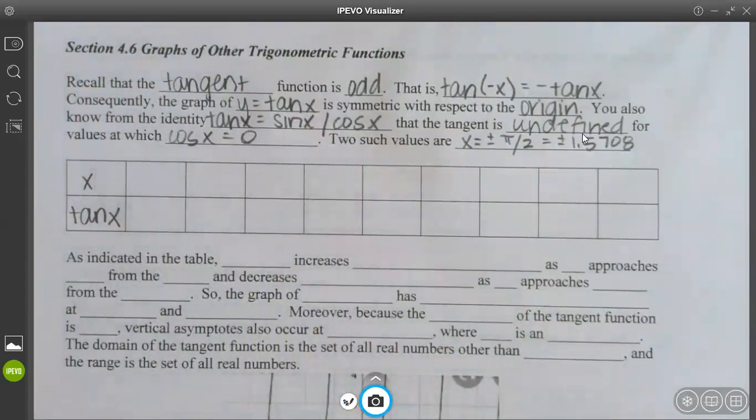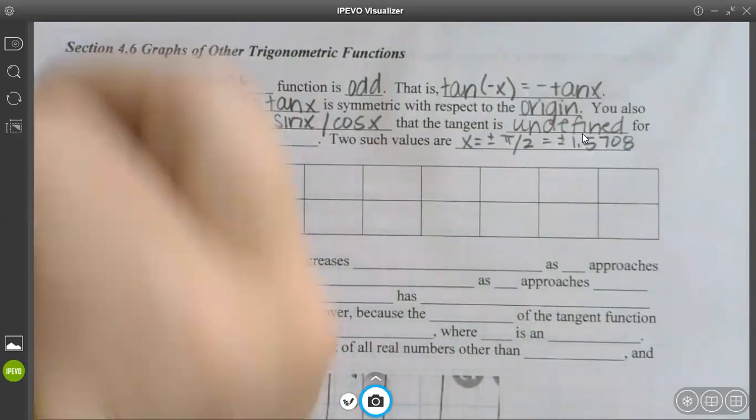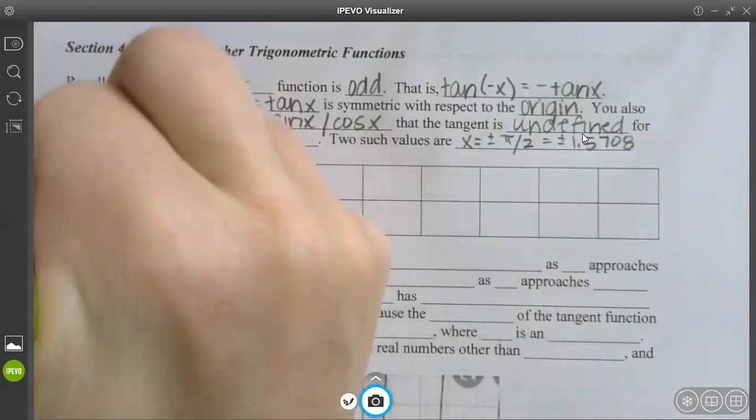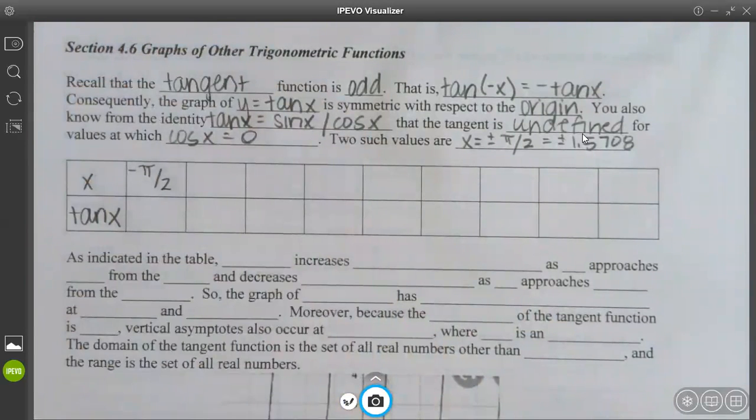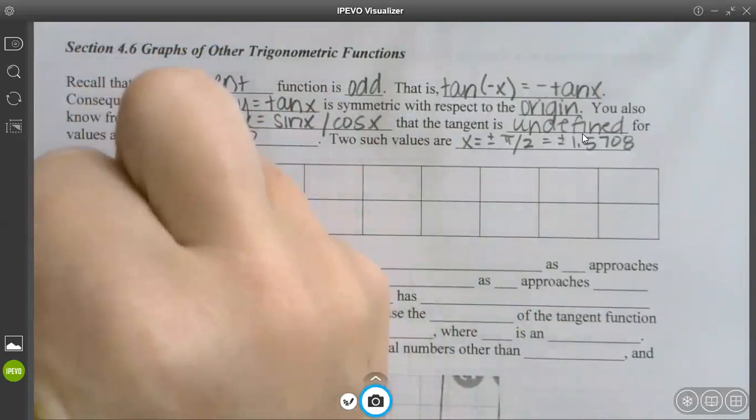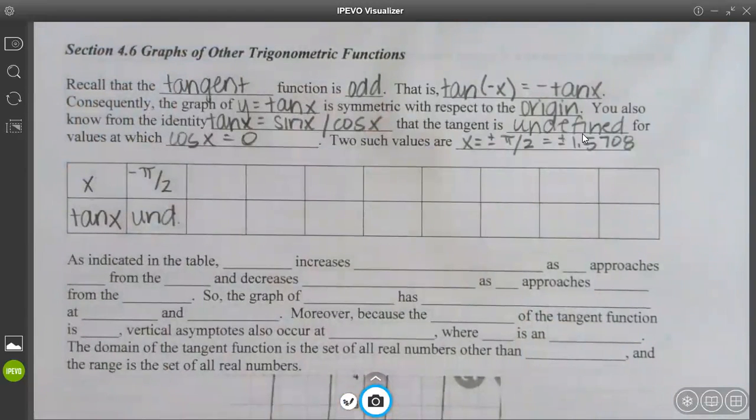All right, so in our chart, we have x and tan x. We're going to start with negative pi over 2. And the tangent of negative pi over 2 is going to be undefined.